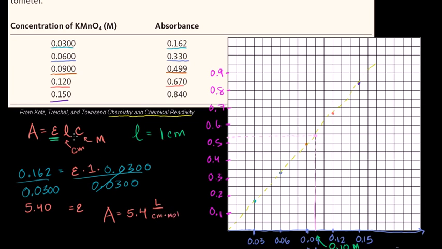And you'll see it'll just cancel out with the distance, which is in centimeters, or the length, and the molarity, which is in moles per liter. And it just gives us a dimensionless absorbance. So times, in our example, the length is 1 centimeter, times the concentration.